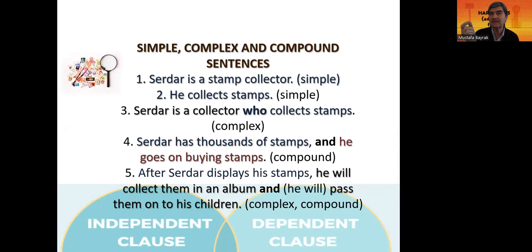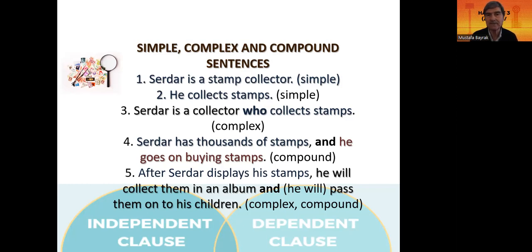So, who collects stamps is a dependent clause. Serdar is a collector is the main clause, which has a message in it, but who collects stamps, this dependent clause, gives extra information or a definition about the main clause.